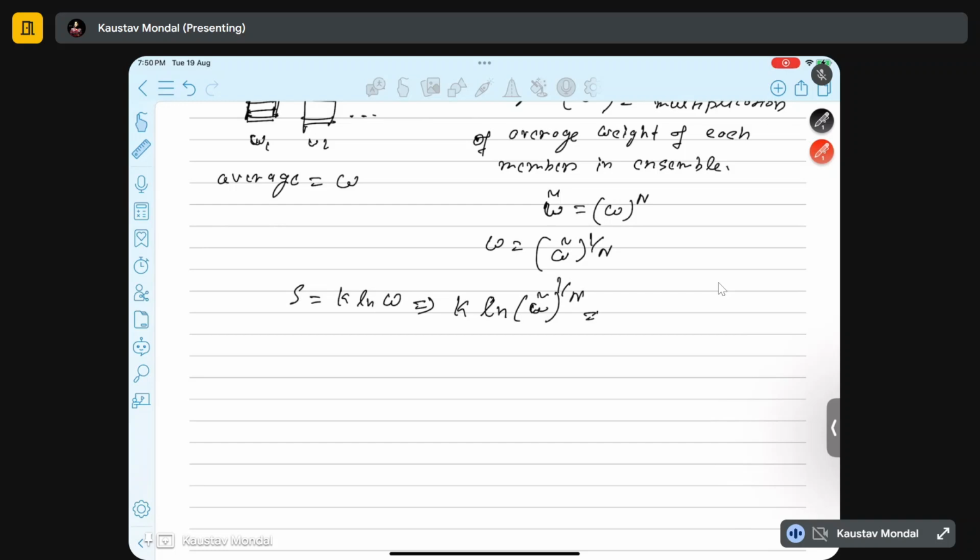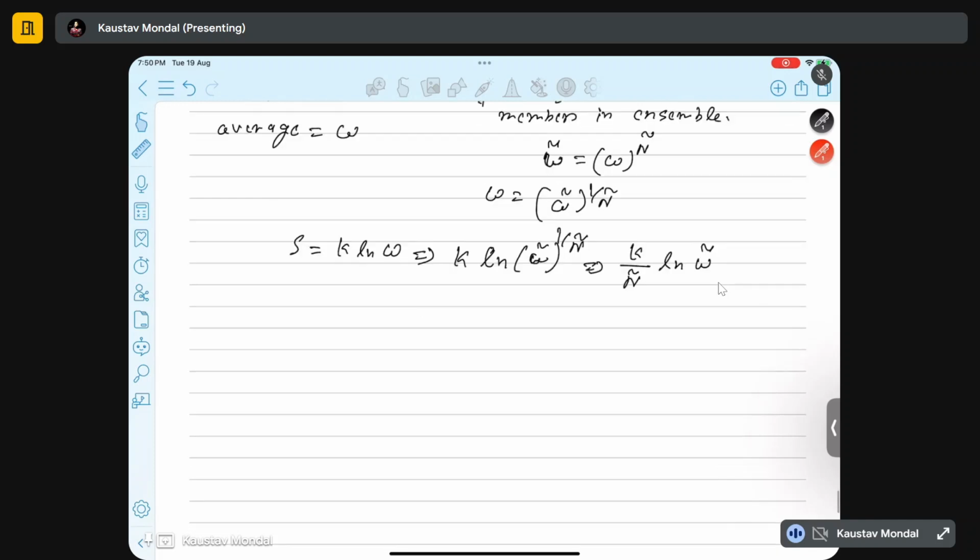So this gives you A by n tilde, where n tilde is the number of members, ln W tilde. This is the expression of the entropy in terms of the total weight of the ensemble.